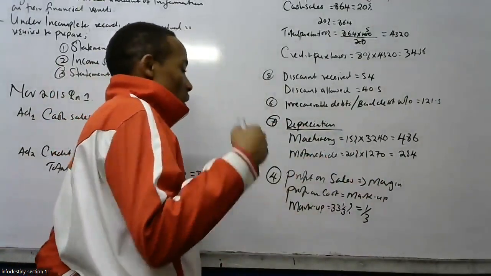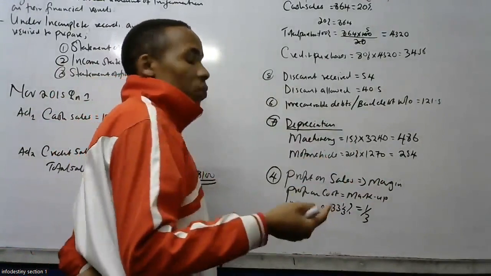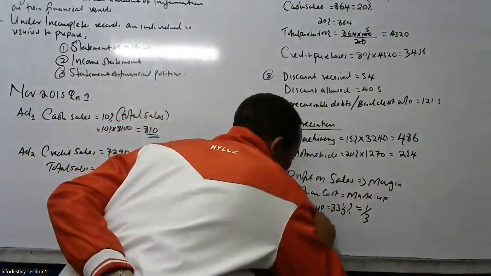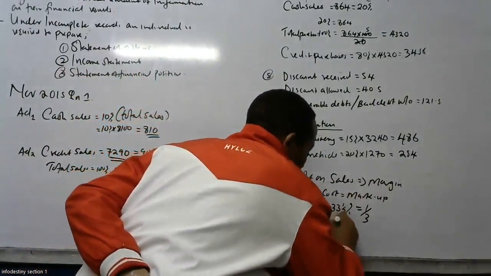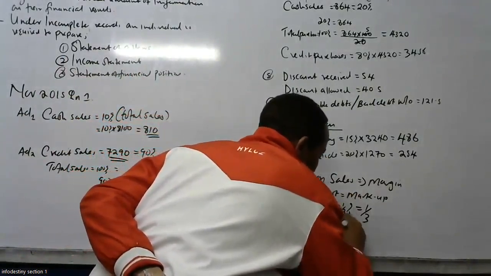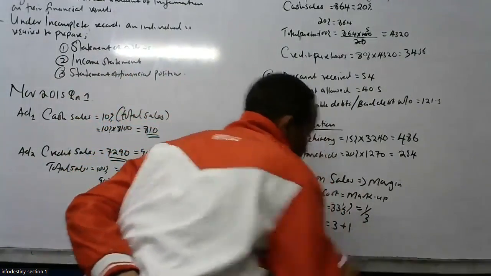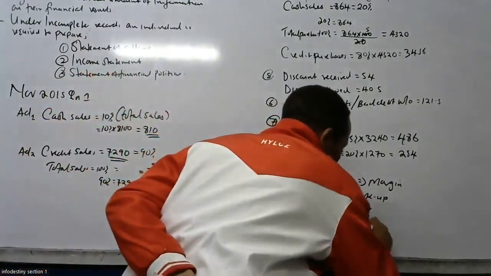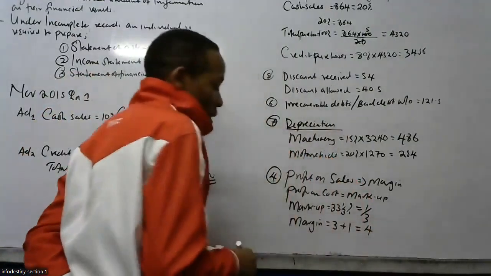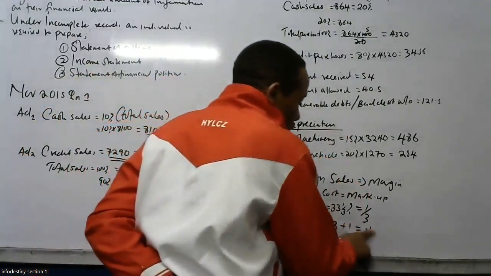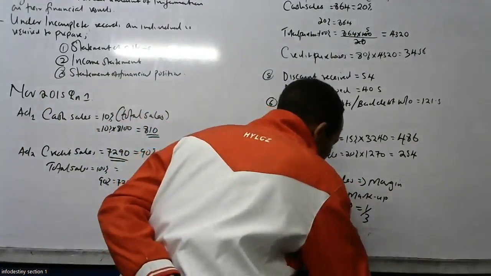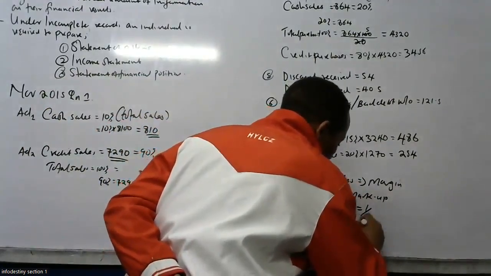It is the profit plus cost. So to get the margin, the cost is 3 plus 1, which is the profit. The profit remains constant. So we'll have 4.